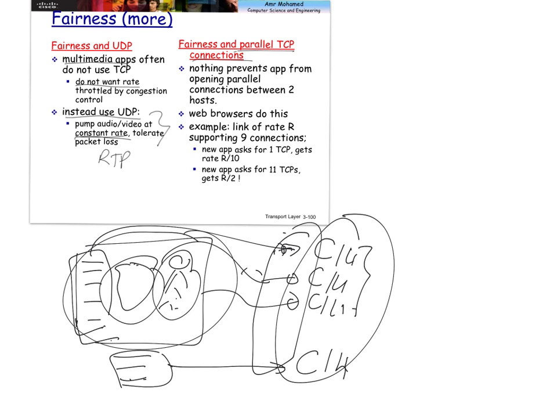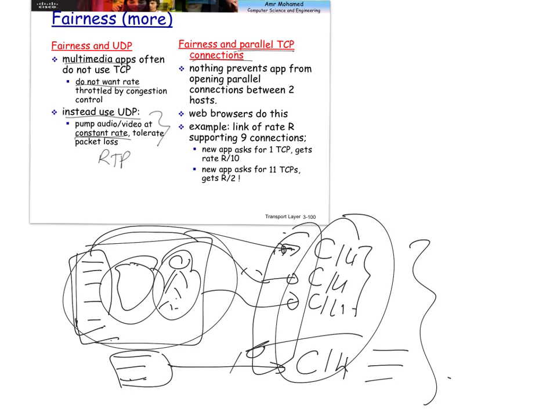So for a scenario like this, this session here is kind of jeopardized, or it doesn't take enough share of the shared medium. Whereas if this one is smart enough and it starts like 3 TCP connections, then and only then this will be fair, because the bandwidth will be divided through 6 TCP connections, 3 for each application, and each application will take a fair share of the medium.